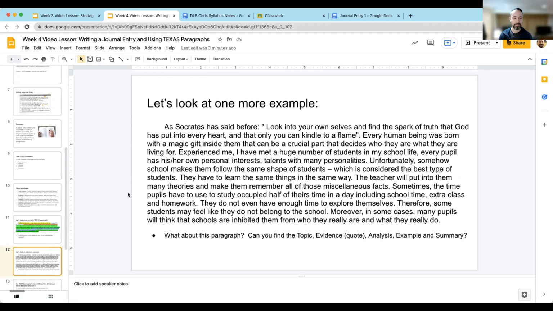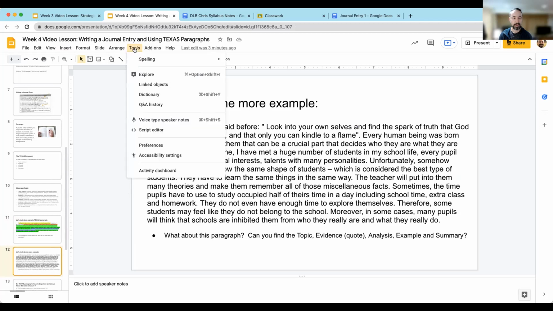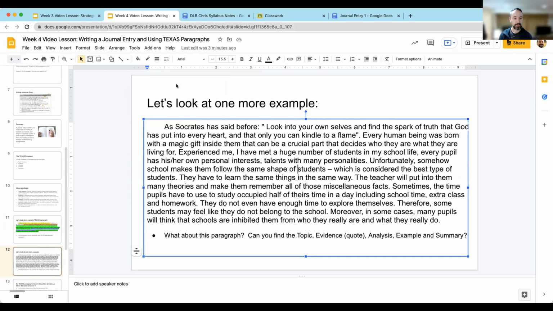Oh, this is killing me. I cannot find how to highlight right now. Oh, here we go.